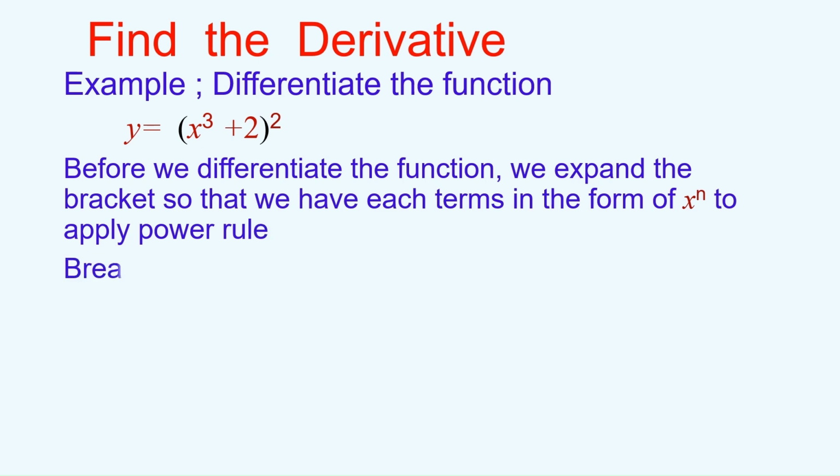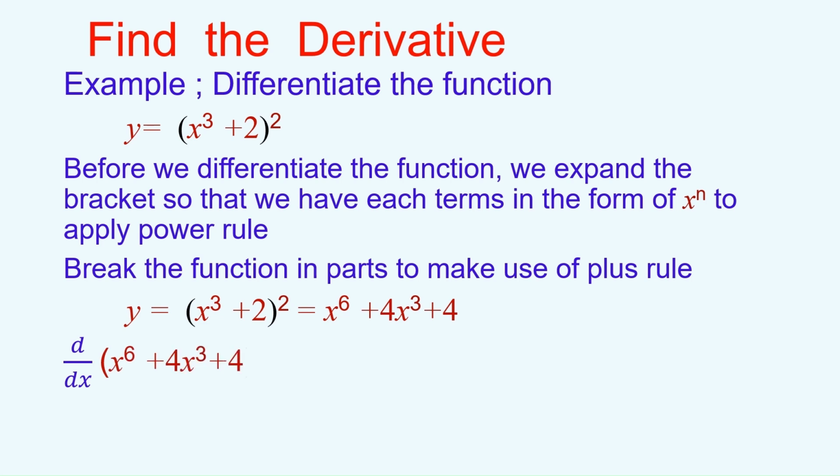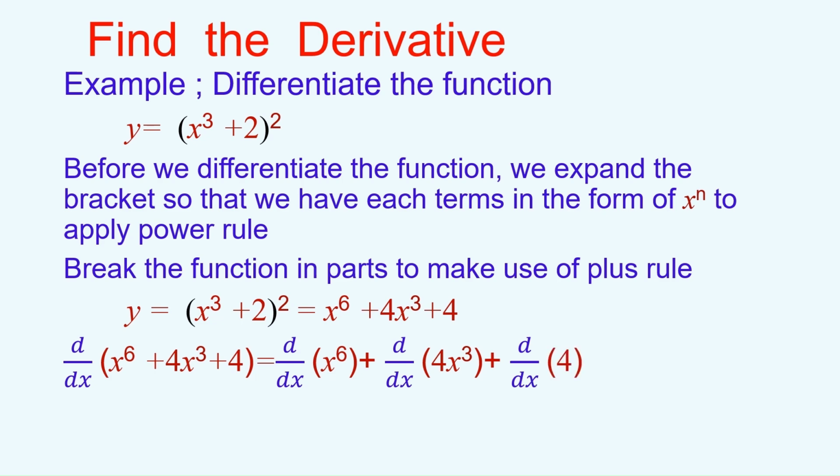To apply power rule, break the function in parts to make use of plus rule. y equals (x^3 plus 2)^2 equals x^6 plus 4x^3 plus 4. d/dx x^6 plus d/dx 4x^3 plus d/dx 4 equals 6x^5 plus 12x^3.